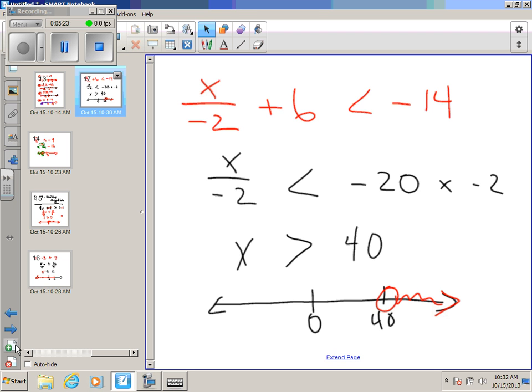Let's use something that's shaded. How about 42? 42 divided by a negative 2 is a negative 21. Negative 21 plus 6 is a negative 15. Is negative 15 less than negative 14? Yes, it is.